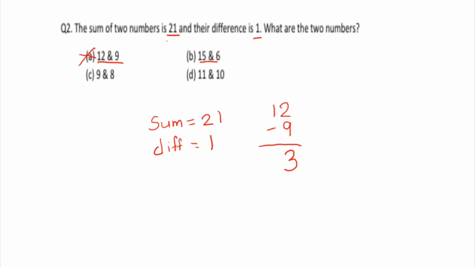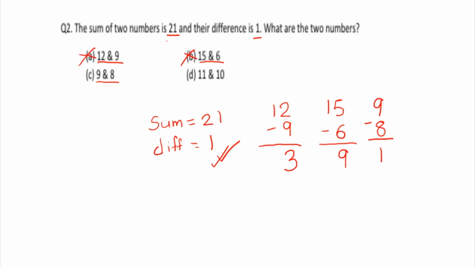Similarly, let's check option number B, 15 minus 6. This will give us 9. The difference should be 1. So this is also not the correct answer. Now let's see option number C. Let's first find the difference. 8 subtracted from 9 is 1. Okay, the difference we got is 1. But now let's see the sum.